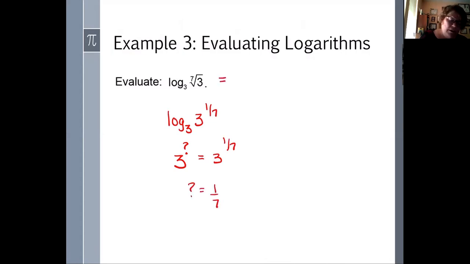So the log base 3 of the 7th root of 3 is equal to 1/7, which is going to lead us to one of our basic properties of logarithms here in a minute. You'll notice that the base of my logarithm and the base of that exponential that I'm taking the log of are the same number. I have log base 3 of 3 to an exponent. So let's continue our discussion and get those basic properties of logarithms.